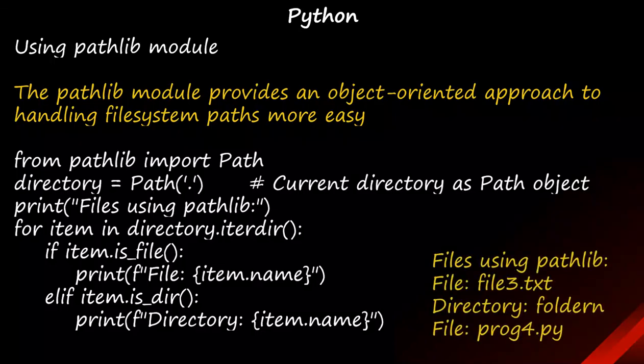And this is how the output looks: which is a file, which is a directory, the folder is a directory, and the files present in that particular path. So these are some of the traversing techniques in file handling provided by Python modules.